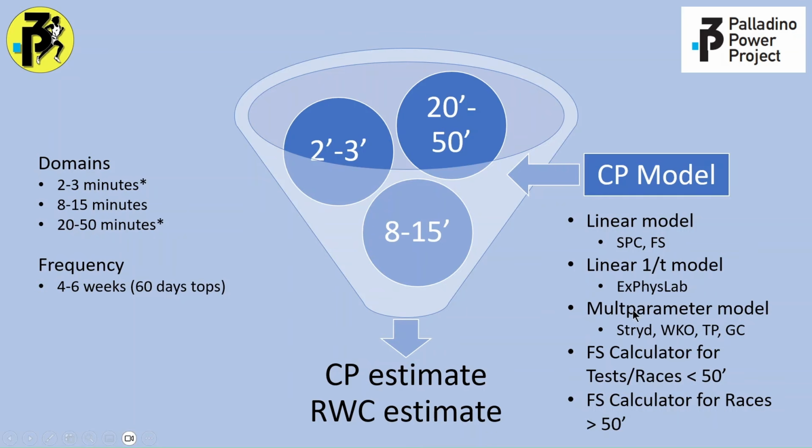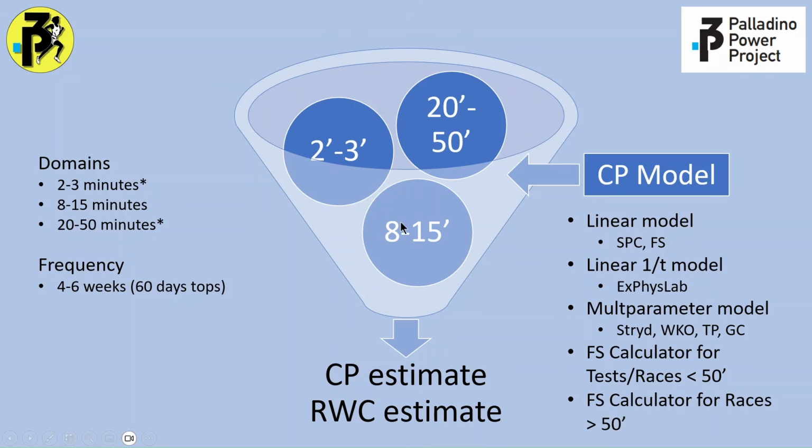Now, the multi-parameter model needs at least this data point and at least this data point to work best. If it's only 2 to 3 minutes and only 8 to 12 minutes, let's say, it's not going to be as good an estimate of CP and reserve work capacity as if it had data points in this combination.